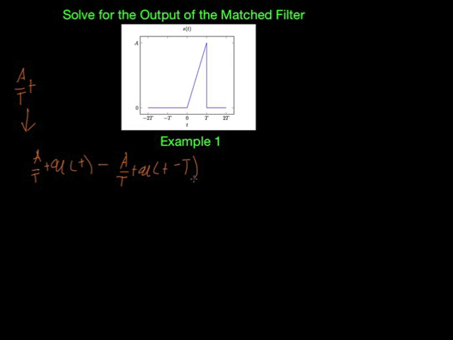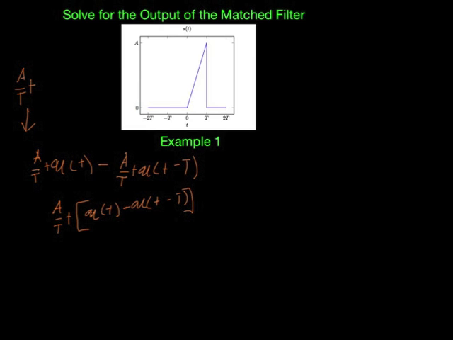So we would get a over T times little t, u of t minus u of t minus big T. And if we were to factor this out, it might actually even look a little bit better. We would have a over capital T times little t, and just to make it look nice, open a bracket, and we would have u of t minus u of t minus capital T. Oh, I need to close the parentheses.